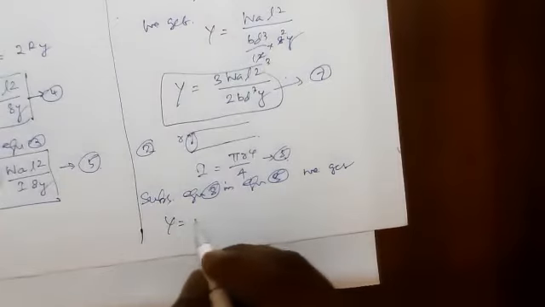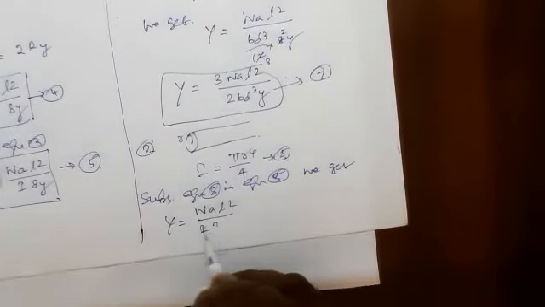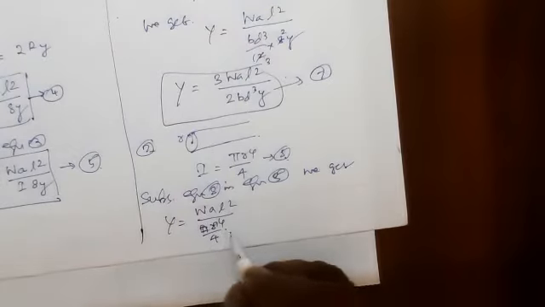We get capital Y equal to WAL squared divided by pi r to the power 4 divided by 4 into 8y.